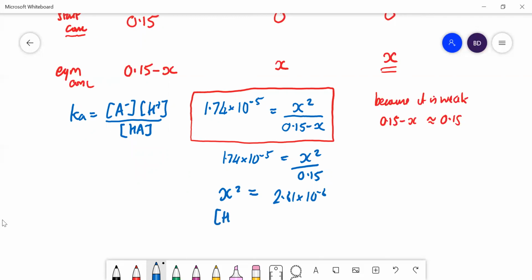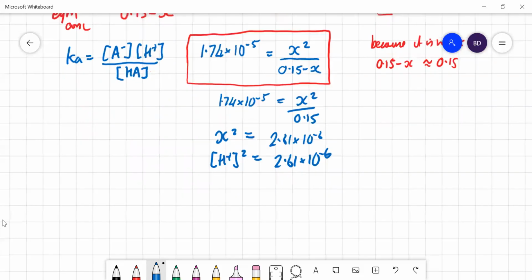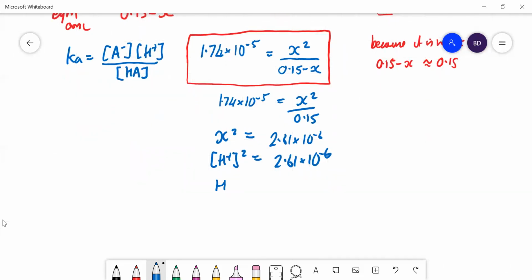That means H plus squared is equal to that. So we want to get H plus, just take the square root of that, which is equal to 1.62 times 10 to the minus 3.